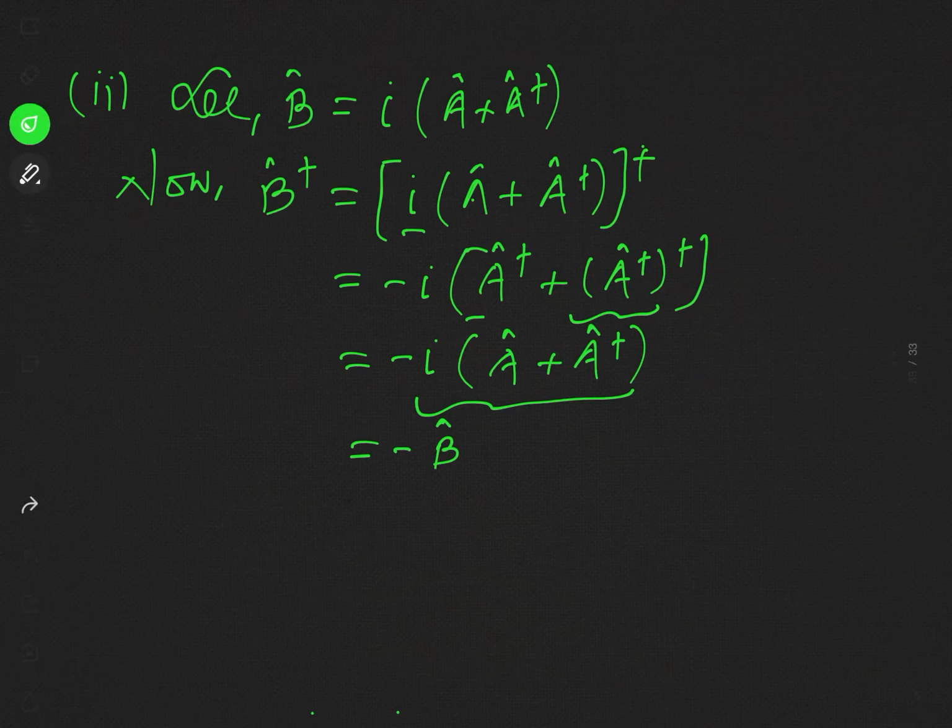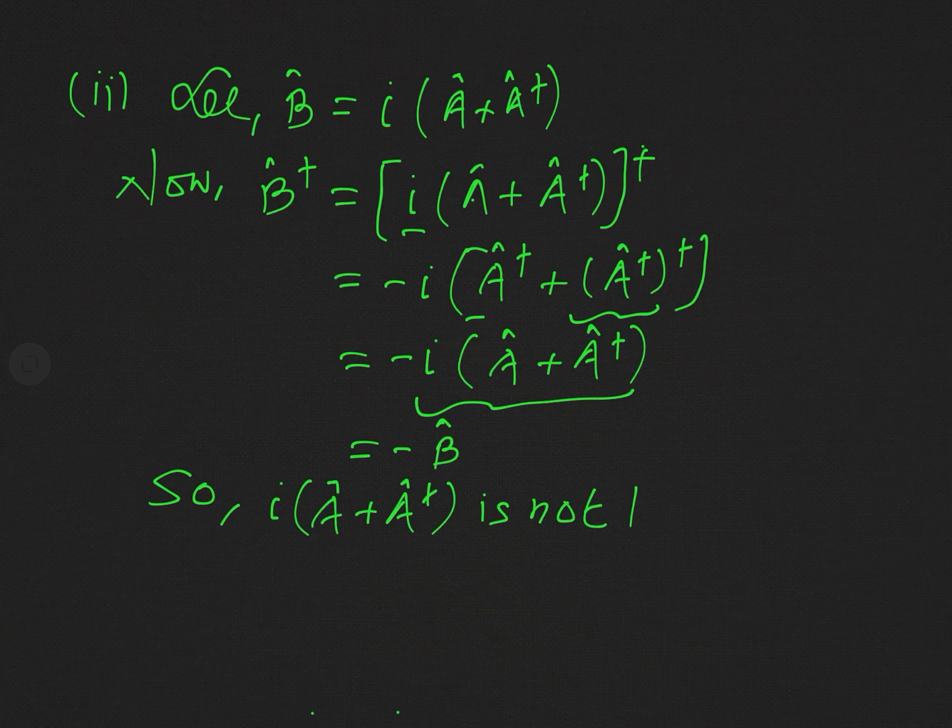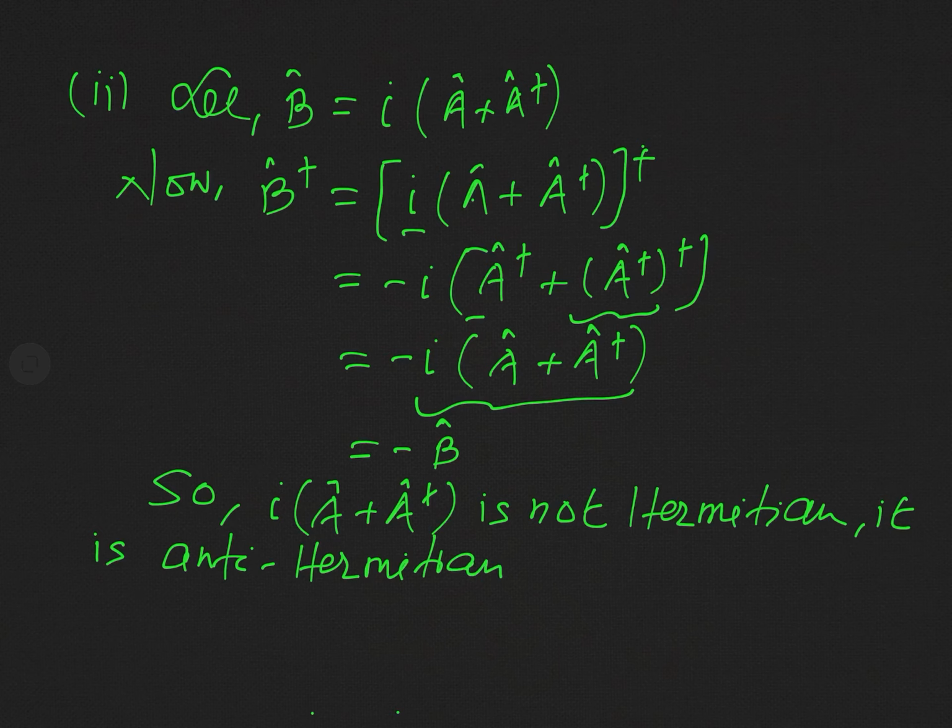So i times A hat plus A hat dagger is not Hermitian. It is anti-Hermitian.